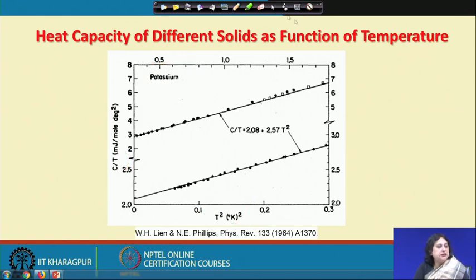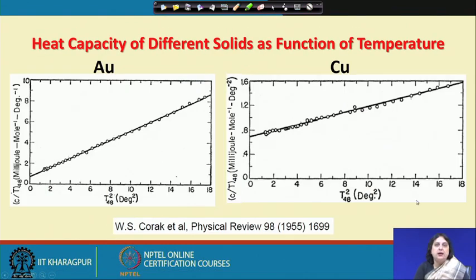A similar trend is observed when you consider systems like gold or copper. Once again, at the very low temperatures accessed by these experiments, you find that the T cubed law, that is C varying as T cubed, is valid.